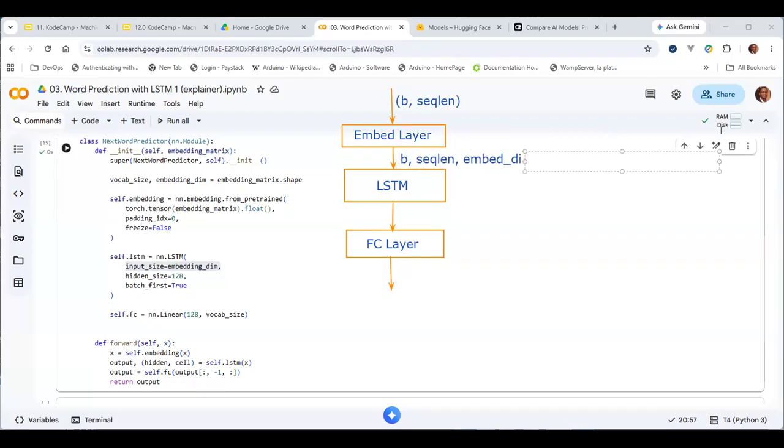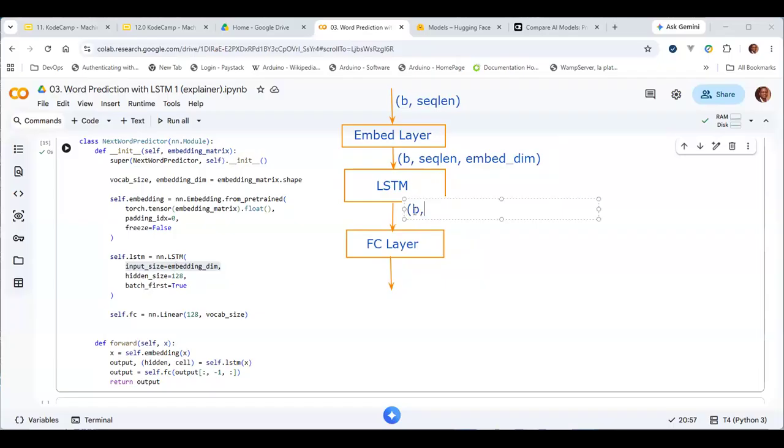So basically what the embedding layer has done is that it has taken this input and extended it from single tokens into the embedding vectors that represent those tokens using the embedding matrix. Then the LSTM is designed to have a hidden size of 128. So the LSTM will do its magic and will now give you an output that is the same as the hidden size.